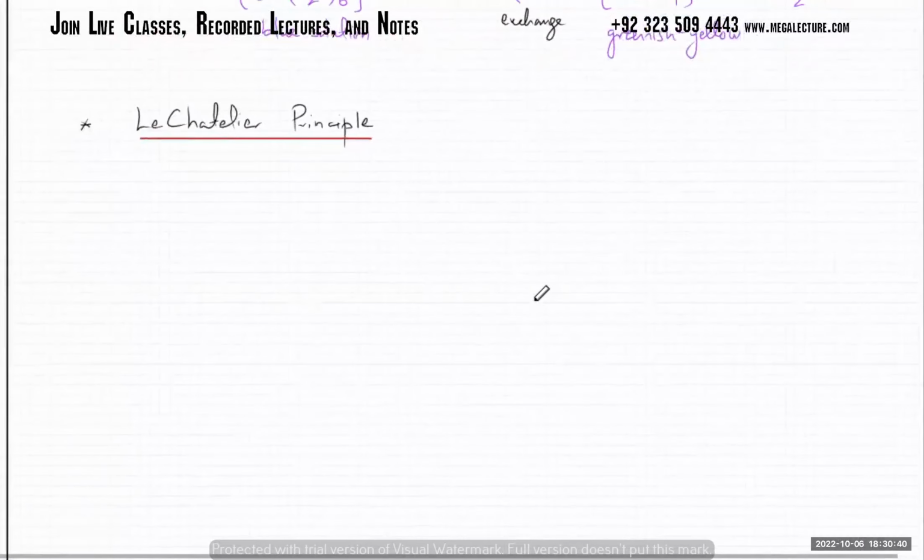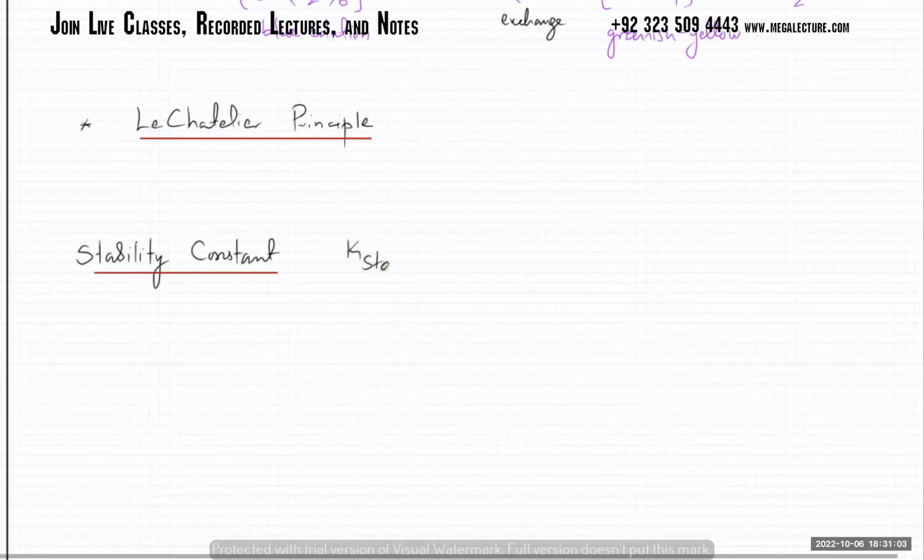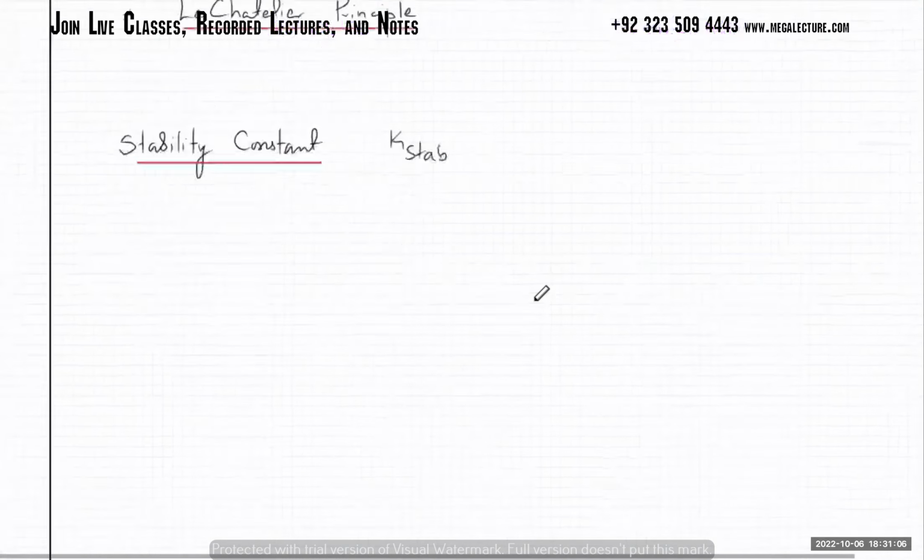अच्छा, but the important thing is K stab, and this is an equilibrium constant. This is known as K stab. अच्छा, what is the stability constant?